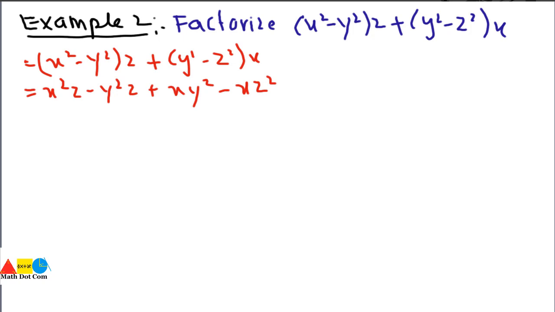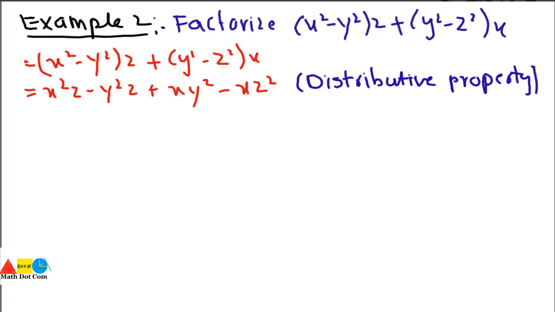What we have used here is the distributive property. Now we are moving towards making the pairs. Next we will see which of these terms can be grouped together. For that purpose, we have to see how much we can minimize the expression.